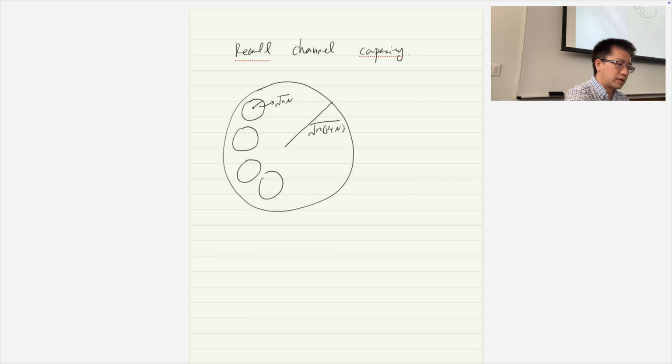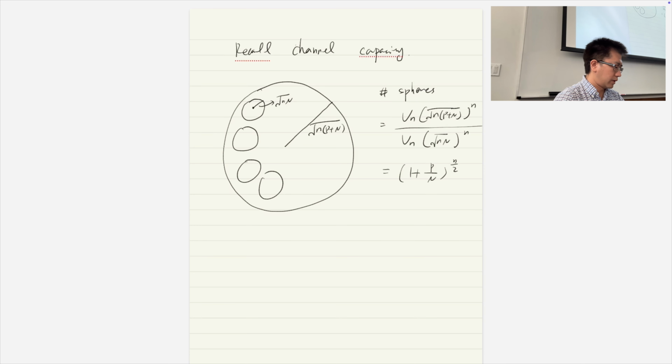So the number of spheres equals Vn, a constant, times n(P plus N) to the power n over the volume of a small sphere, and this gives you 1 plus P over N to the n half.